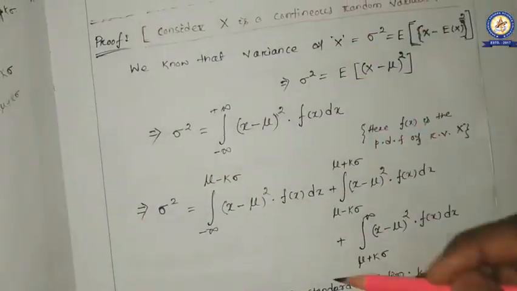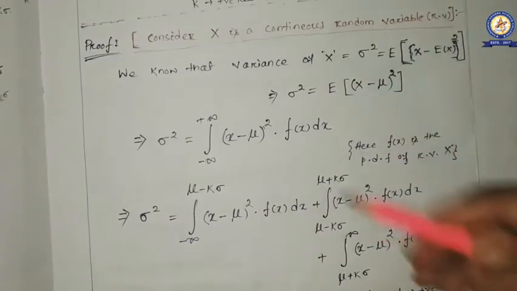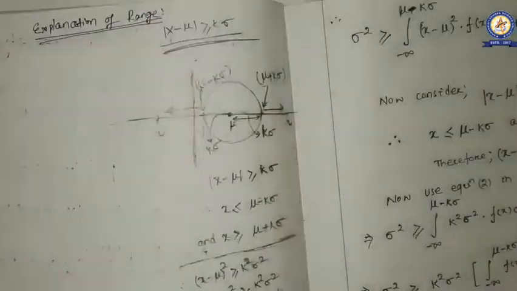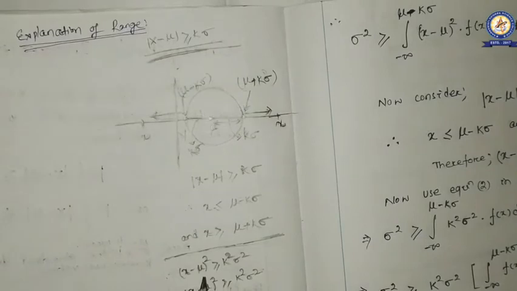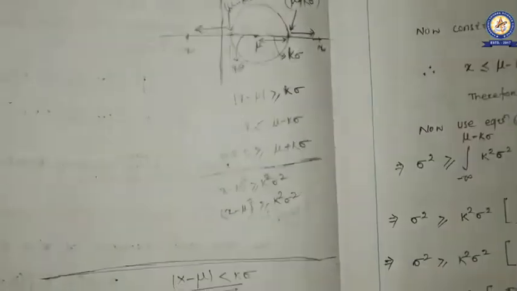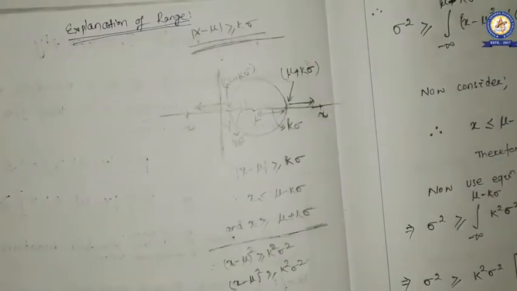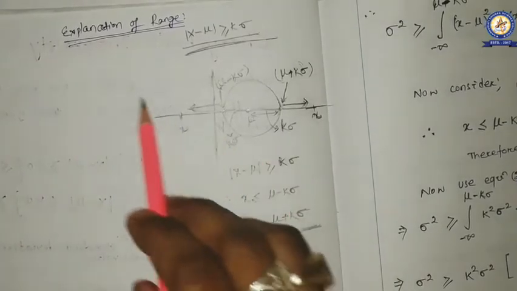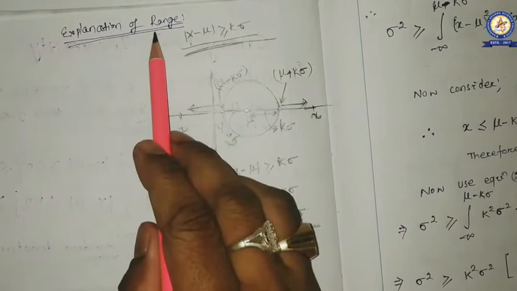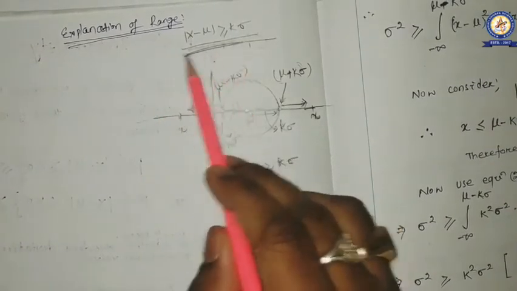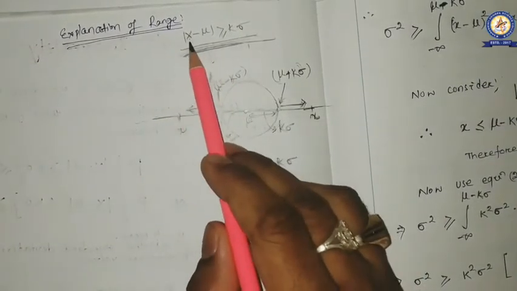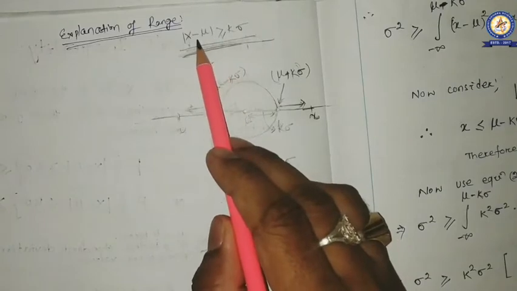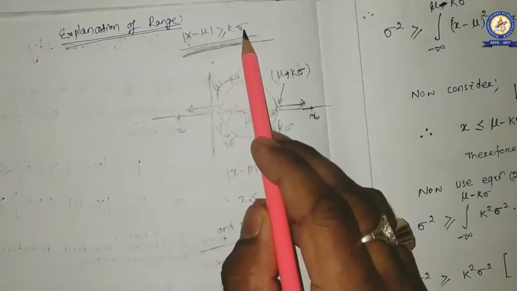Then we will go for the detailed derivation of this theorem, because the range is most important here. So here I have written the explanation of the range. First we have to find out the range of mod x minus mu greater than k sigma.